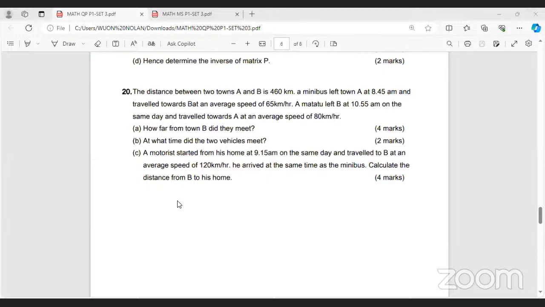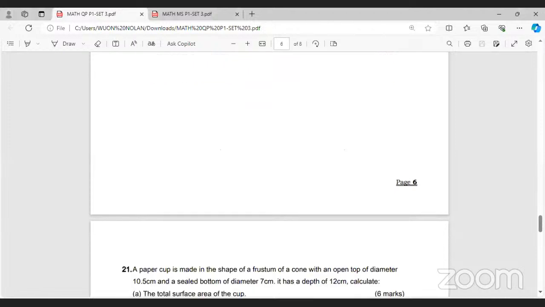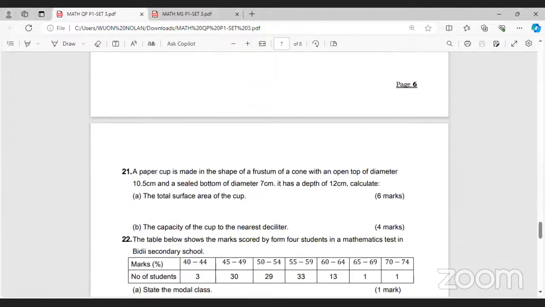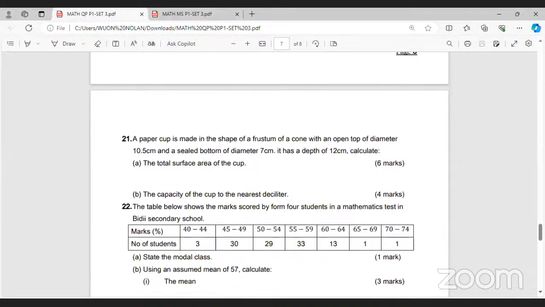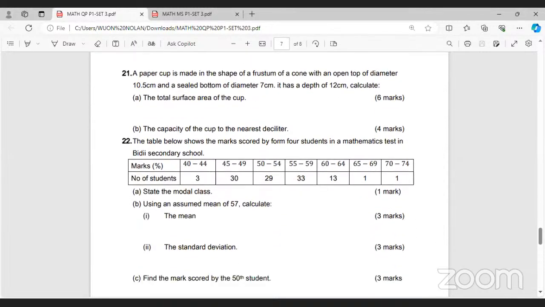The answer is 790 kilometers. Sawa sawa? Are we all together and we are through with that question? Yes. Very well.